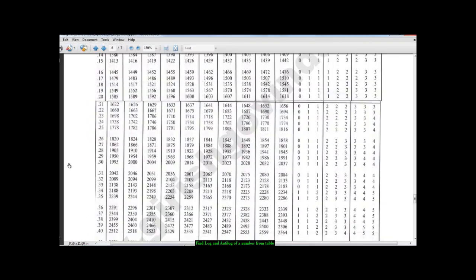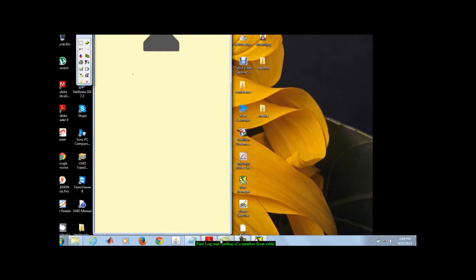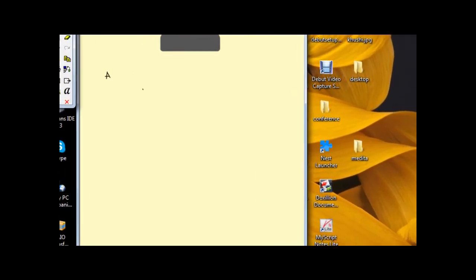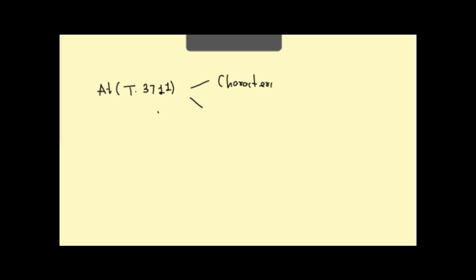Let us take a third example. In our last example, we will find antilog of bar 1.3711. Again, it has the same procedure. Antilog is divided into two parts: characteristic and Mantissa.